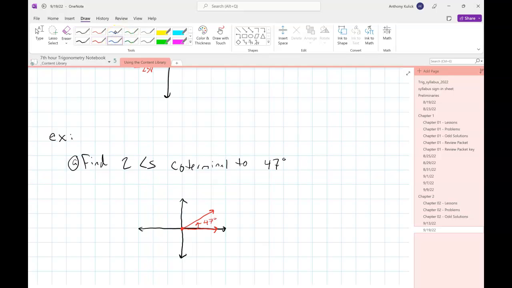Okay, so maybe I'll try to do this graphically. So here's my 47-degree angle. I'll draw my new angle's initial side. And then to get back to 47, well, I can do one full rotation. That's 360. And then 47 more to get there.